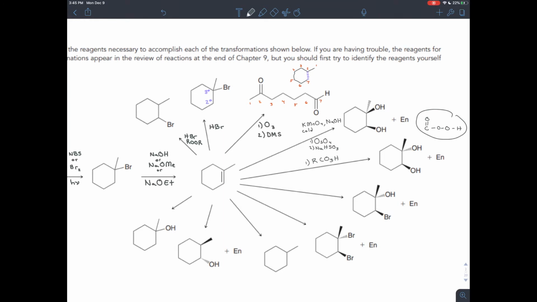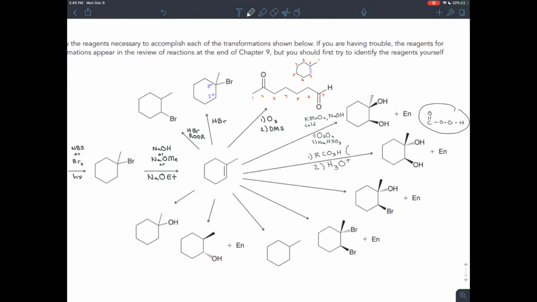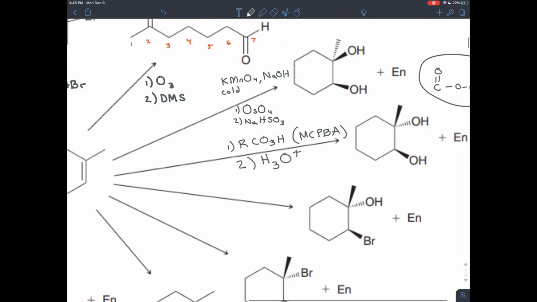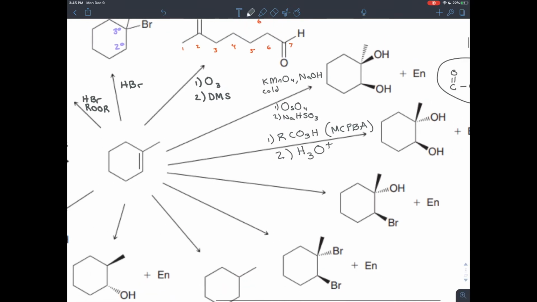your CO3H, your peroxy acid, and then you follow that up with a water or an acid wash, so H3O plus, hydronium. Keep in mind, one very common peroxy acid is MCPBA. That one will come back in organic chemistry too. And remember that what this does is it turns an alkene first into an epoxide.